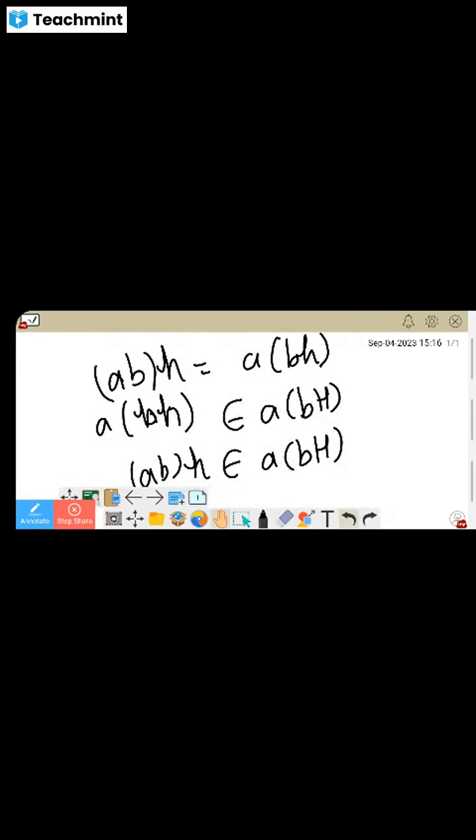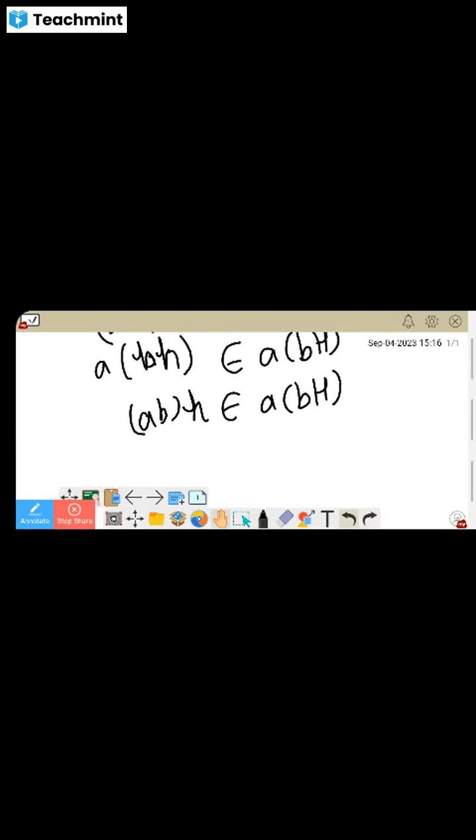Give me a few seconds, I'm just checking. Here we are taking this is equal to A into BH, and this belongs to A into BH, and this can be written as AB into H belongs to A into BH.